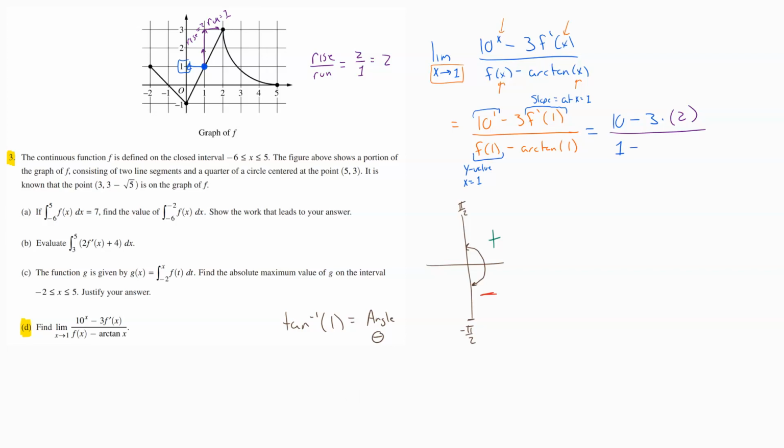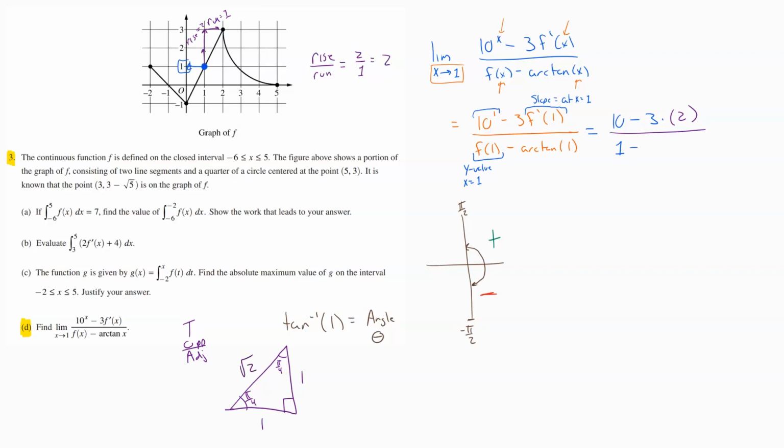So we're looking for the one that has the tangent, the TOA, the opposite over the adjacent, equal to 1. And this is going to come from our pi over 4, our 45, 45, 90 triangle. You have to know your two special triangles, your 30, 60, 90 and your 45, 45, 90, like the back of your hand. This would be 1, 1, square root of 2.